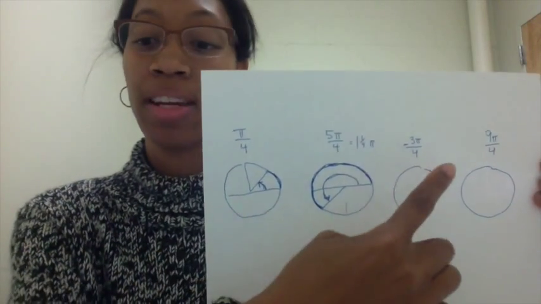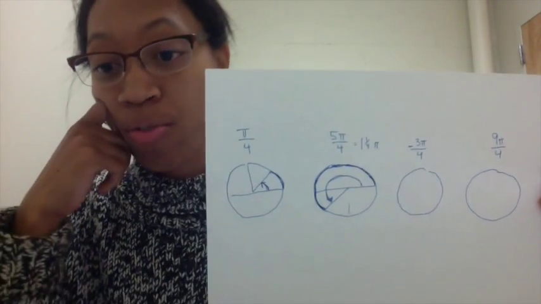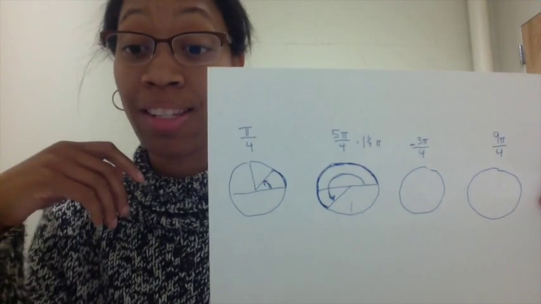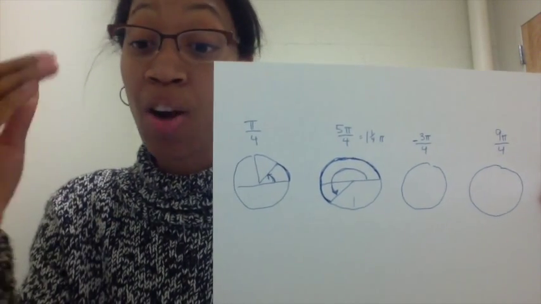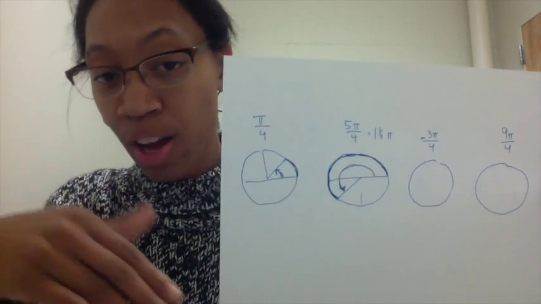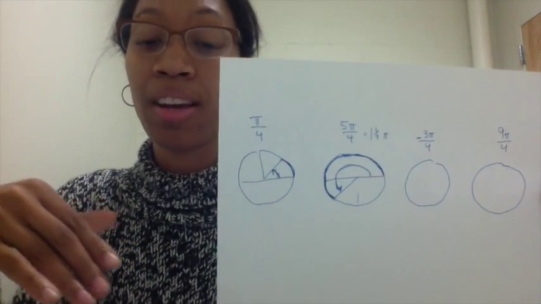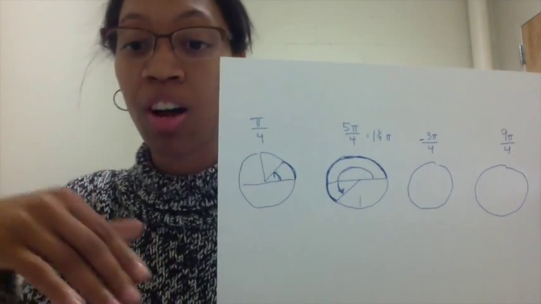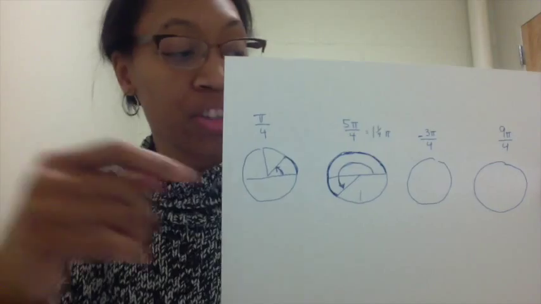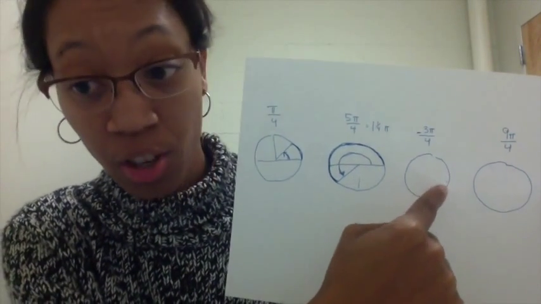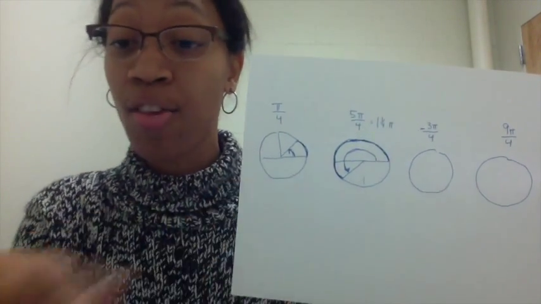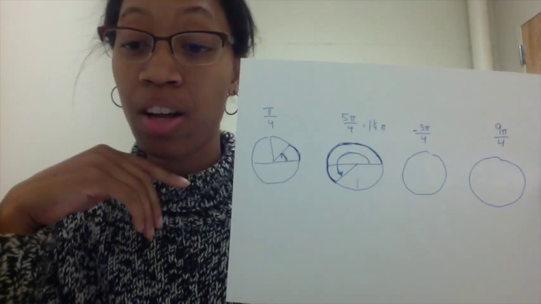Now, what about this negative? The negative in front of the 3 pi over 4 means that instead of going counterclockwise around the circle, I need to go the other way around the circle, regular clockwise. So I'm going to start by rotating down, 3/4 of a pi.